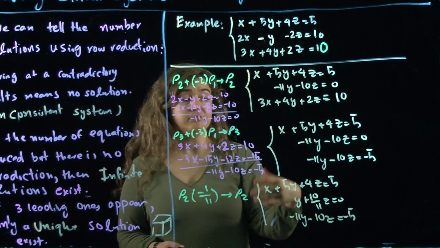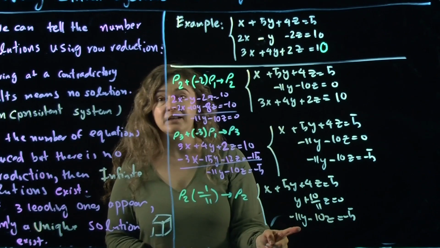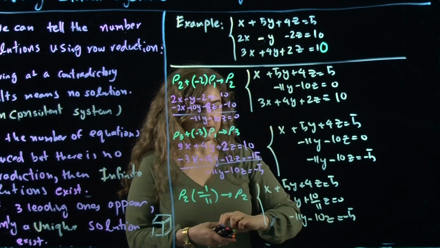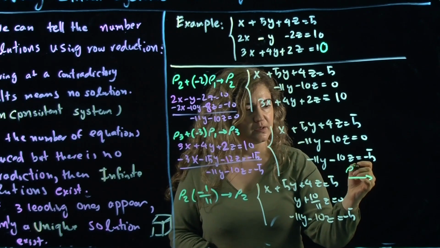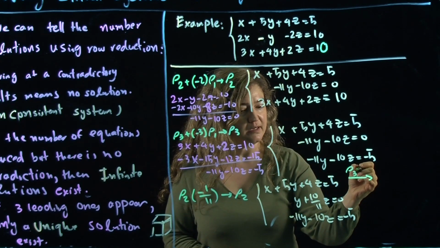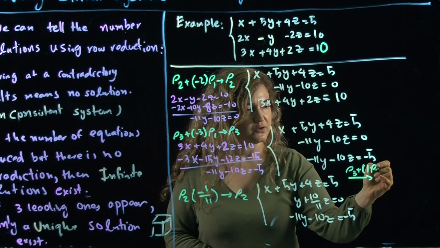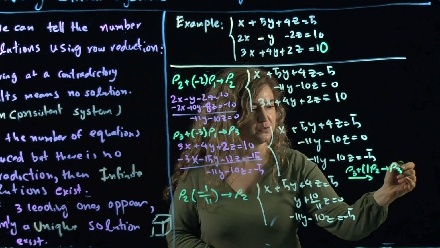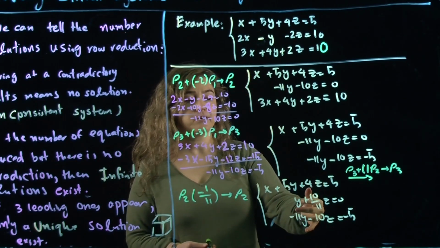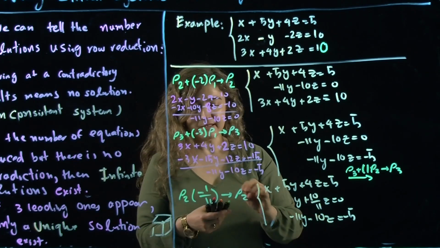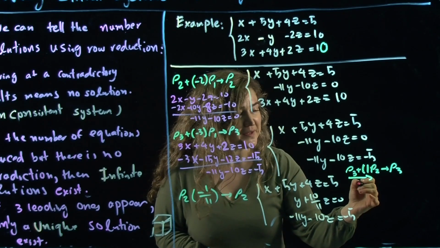Now we use the row with the leading one for y to eliminate y underneath. And so that would be row 3 plus 11 row 2 goes to row 3. I don't need to use scratch paper, but let's just use the scratch paper though.